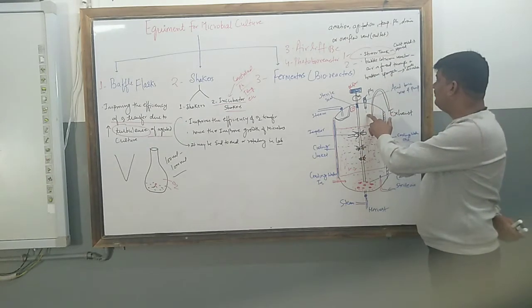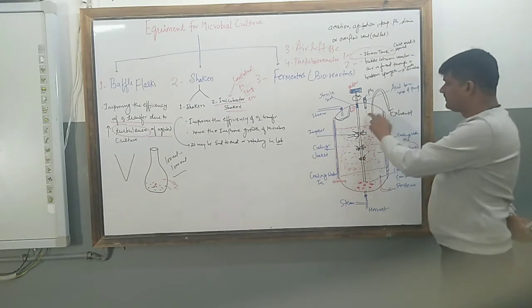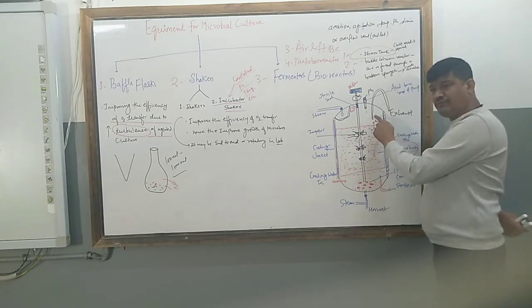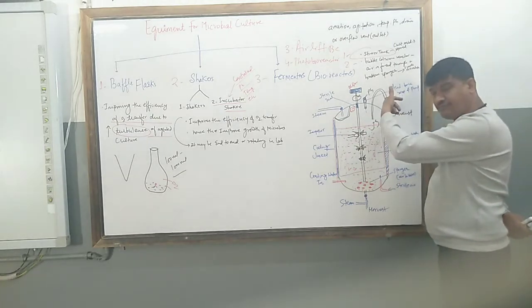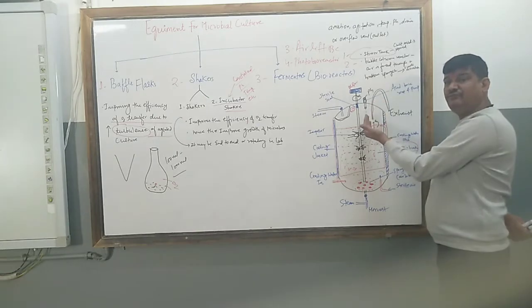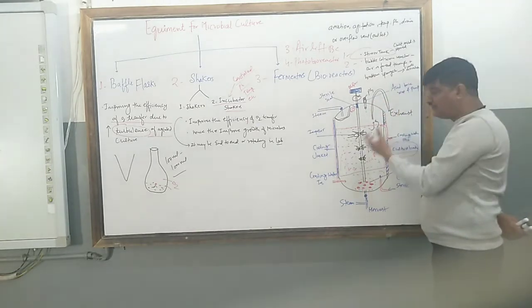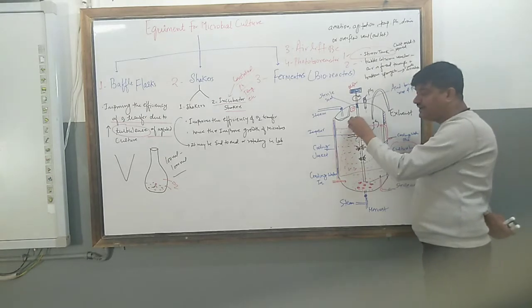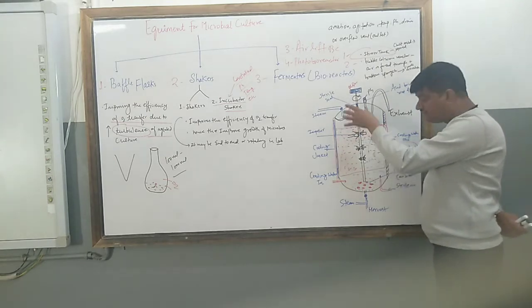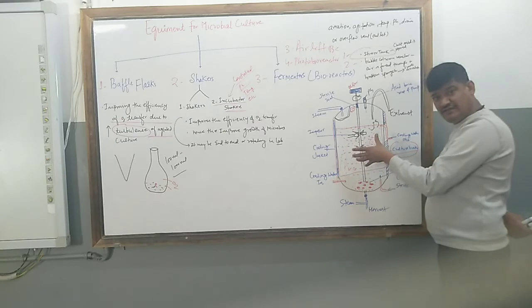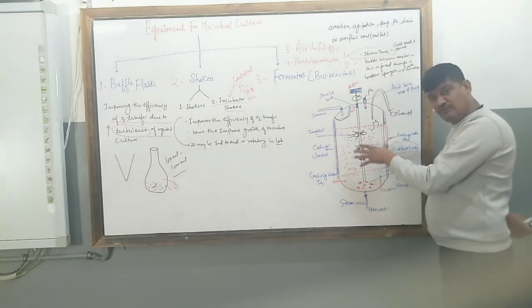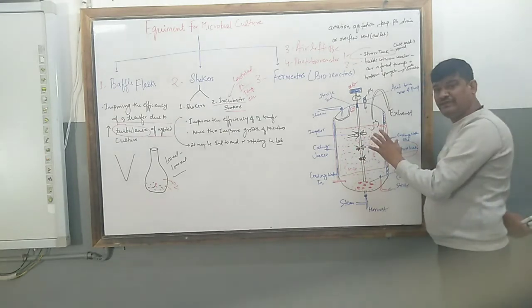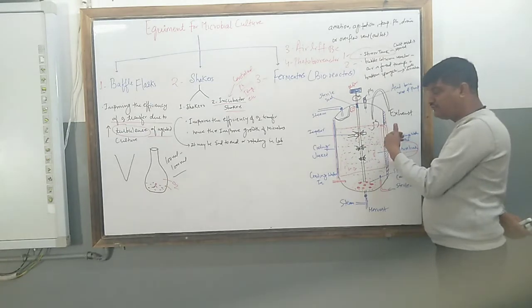So it should be maintained. Therefore, fresh air should come in, and it should be exhausted, because the sterile oxygen which we are providing to this bioreactor is used up by the microbes which are inside the bioreactor. So it should be replaced gradually.